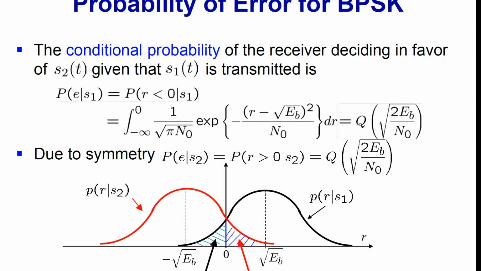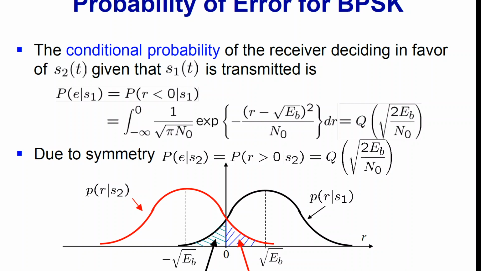So here you can see that this point 0 is the middle point, or a threshold. This is a decision boundary, and you have also seen that the noise is Gaussian, so it will have a bell-shaped probability distribution.